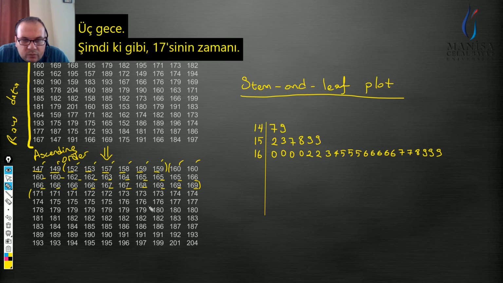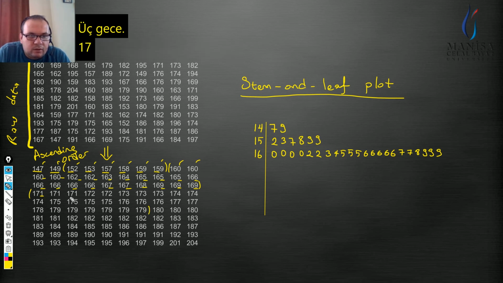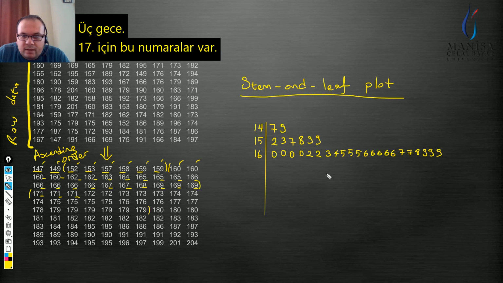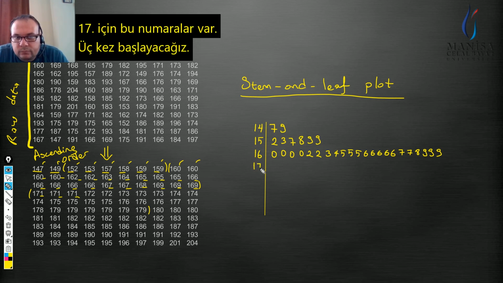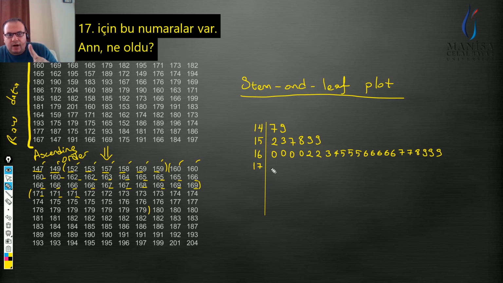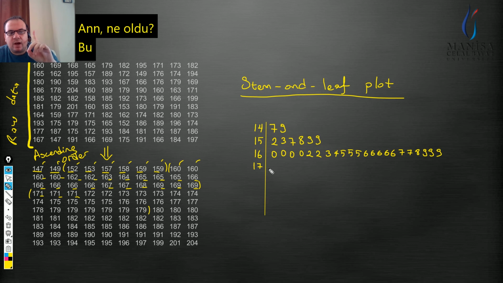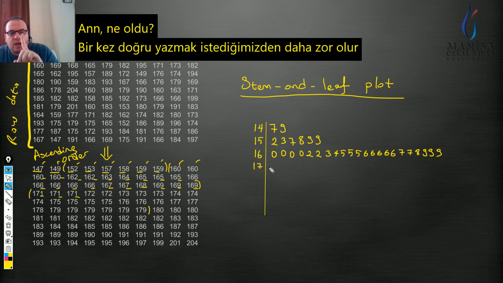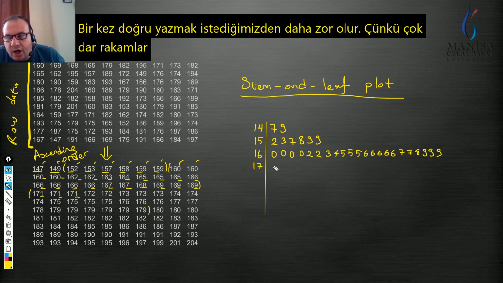For the 17s, we have these numbers. We're going to start with 3 ones, and it becomes harder when we want to write ones, right? Because it's a very narrow digit, but we have to be careful.